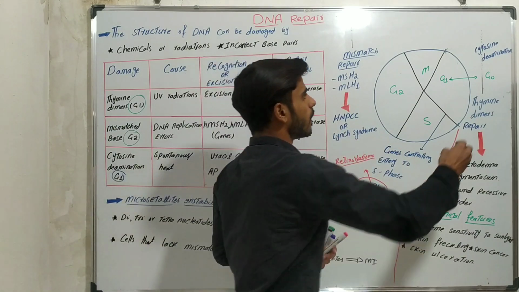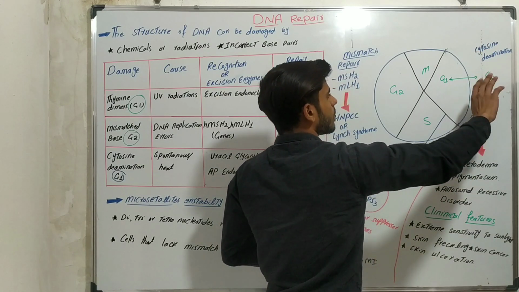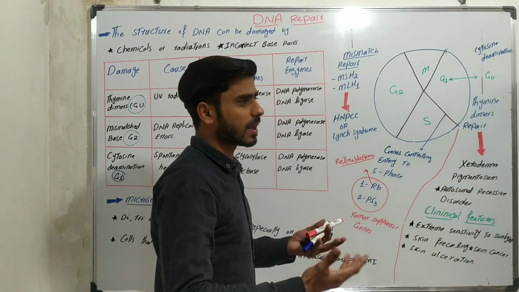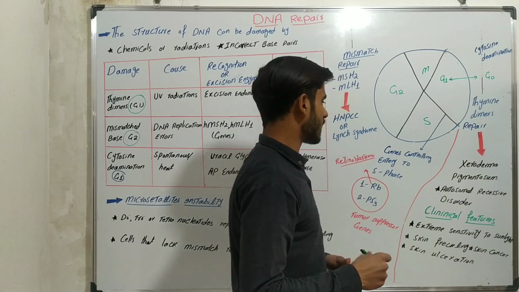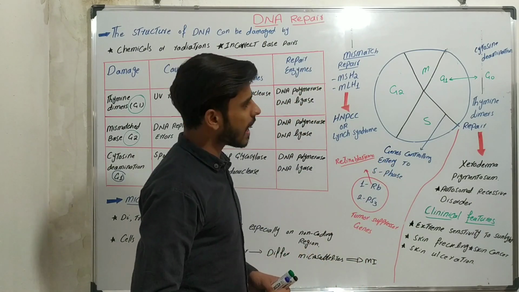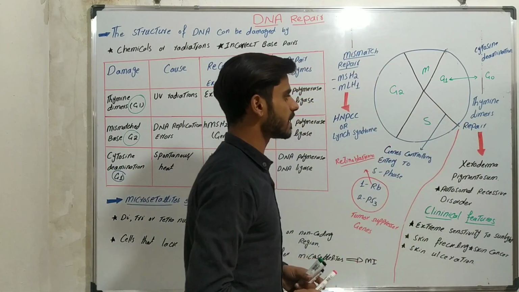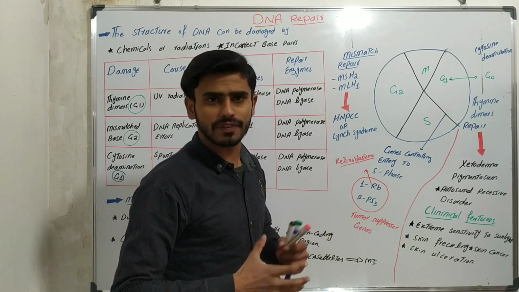But if there is a problem here, meaning that the correction has not been done because of some reasons, then the retinoblastoma sees that there is a problem. And you know that to enter the cell from G1 phase to S phase, you need growth factors.